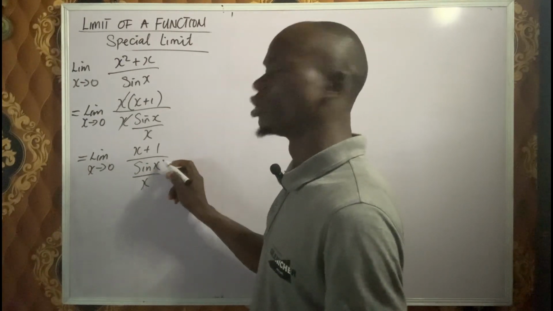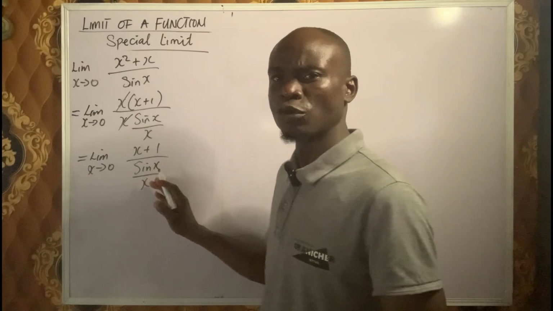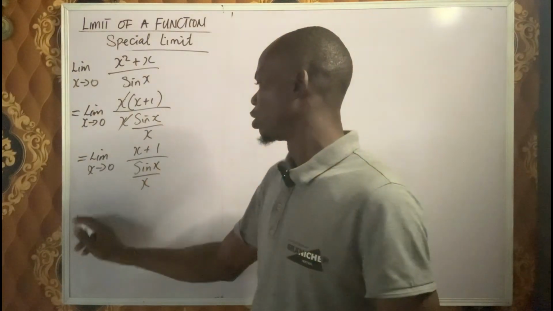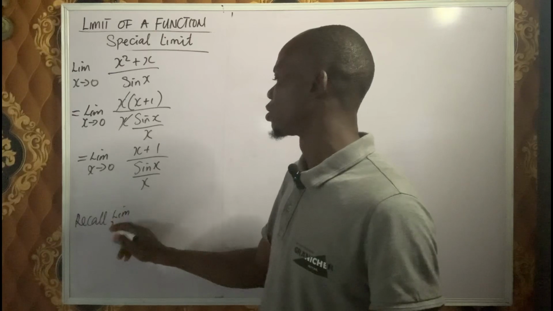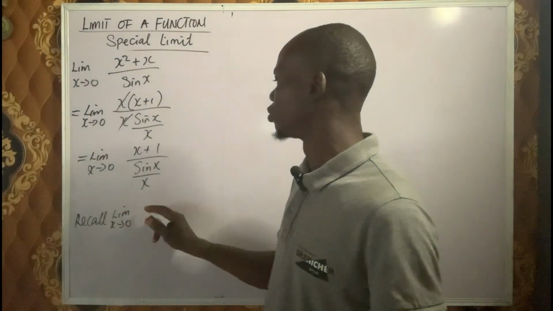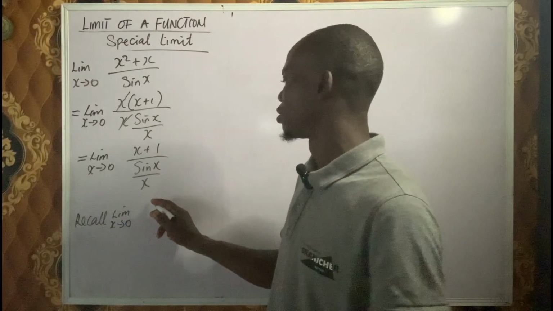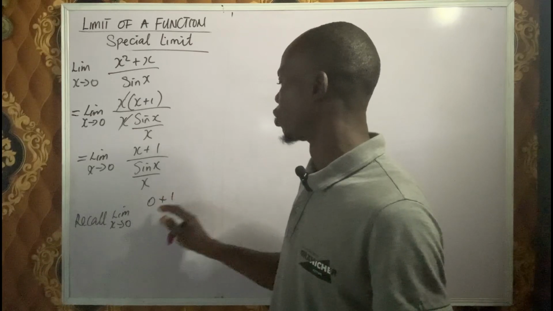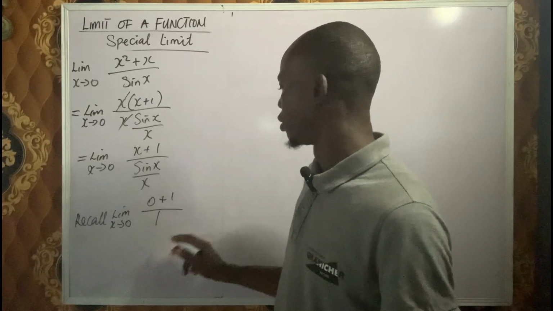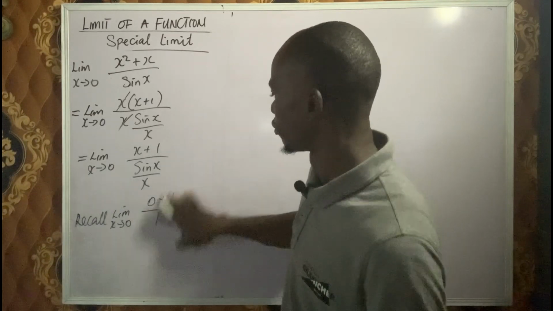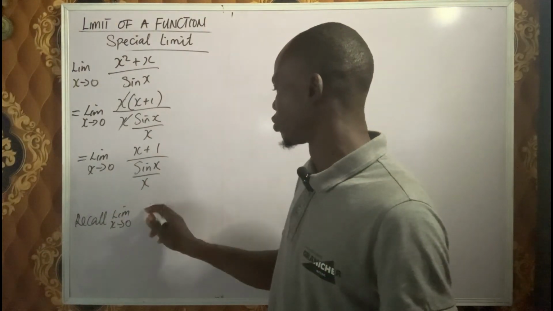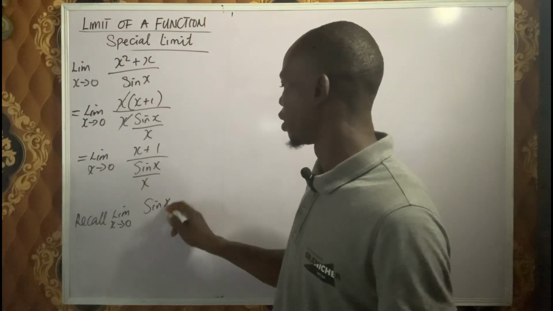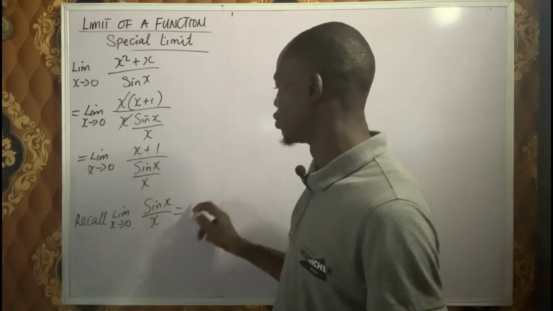As we know, this is already a special limit. So all I need to do is to recall. Recall limit as x tends to 0, sine x over x is 1.